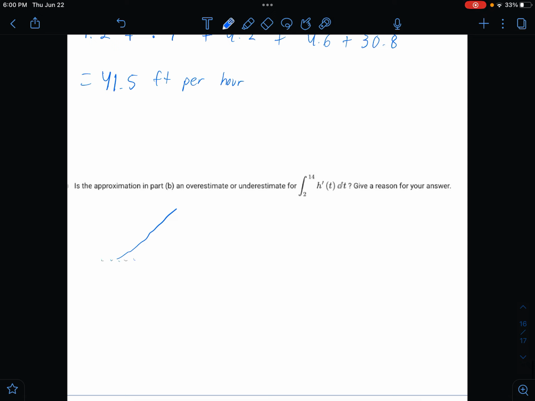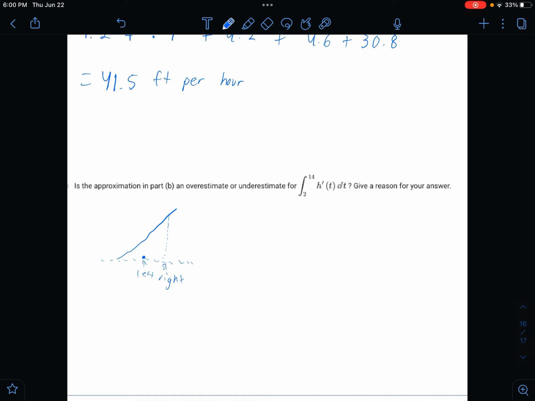Now, since this is a right Riemann sum, let's draw dots over here. Since it's a right Riemann sum, we're coming from the right. So let's just draw a straight line from here. Let's say we're comparing points on a subinterval: this is the start of the subinterval, and this is the end. So left, right.